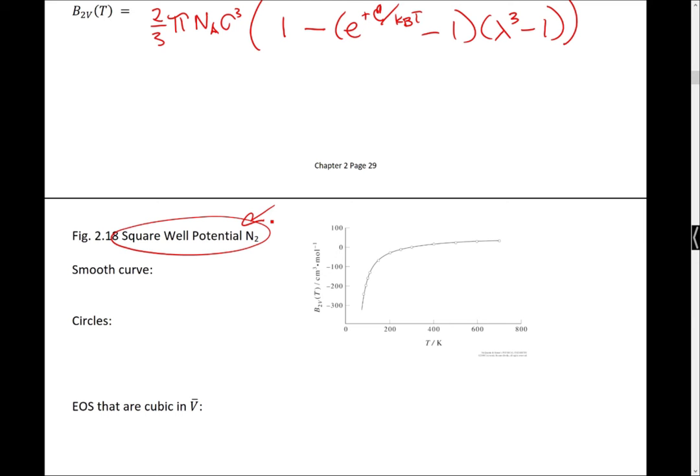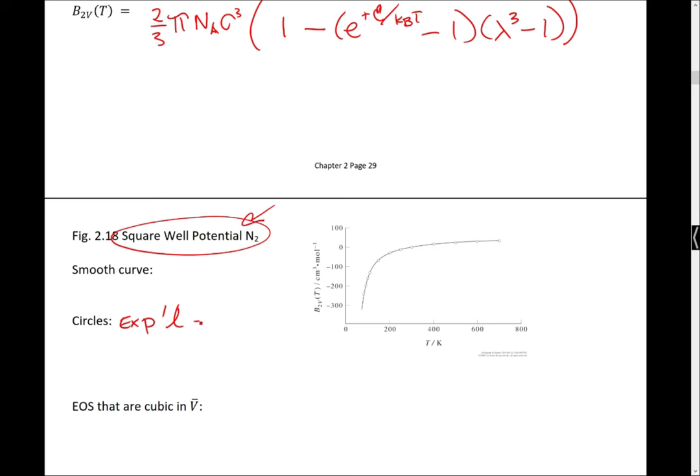These small circles are experimental in nature, so that's what you would measure in an experiment, looking at compressibility as a function of pressure, which we've talked about previously. The smooth curve is the least squares fitting of that equation to this experimental data.